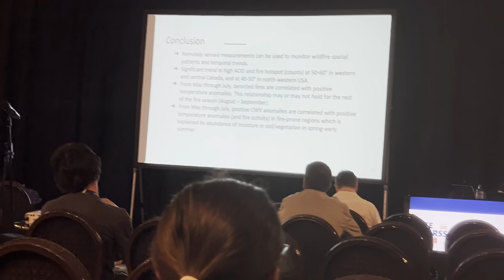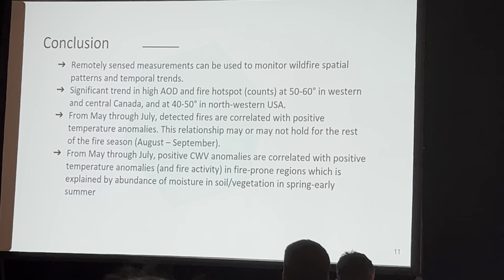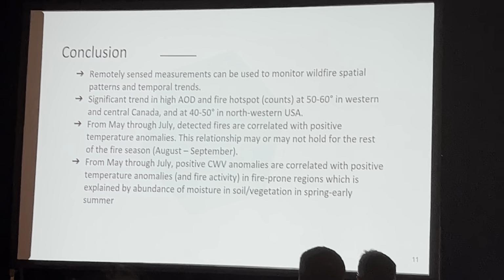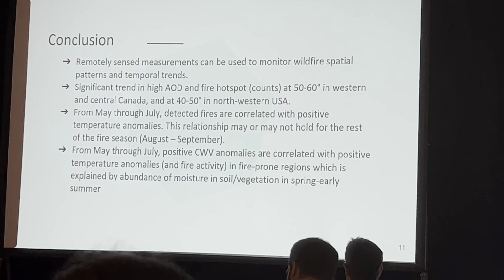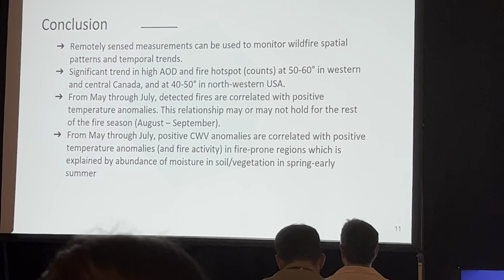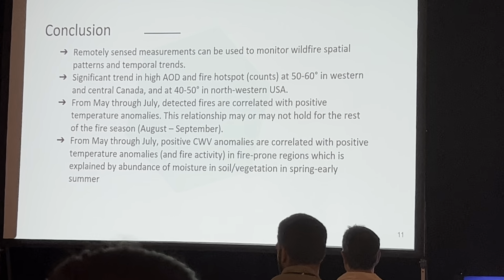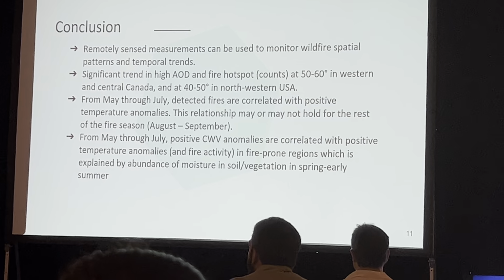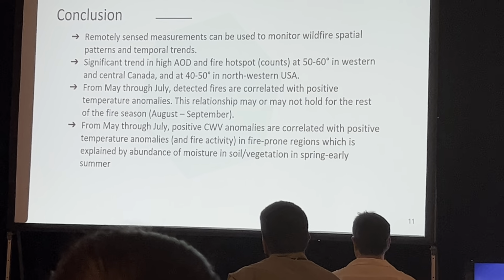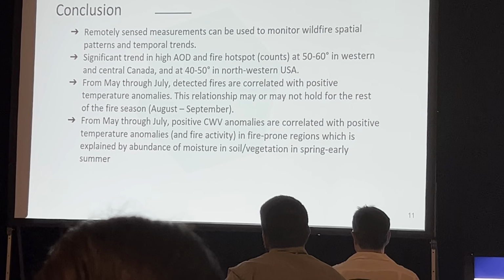Overall, we demonstrated that earth sensing technology can be used to monitor these fire events across North America. Using that data, we were able to identify that there has been an increase in fire activities in the 50 to 60 degree latitudes in Western and Central Canada, as well as the 40 to 50 degree latitudes of the Northwestern US.